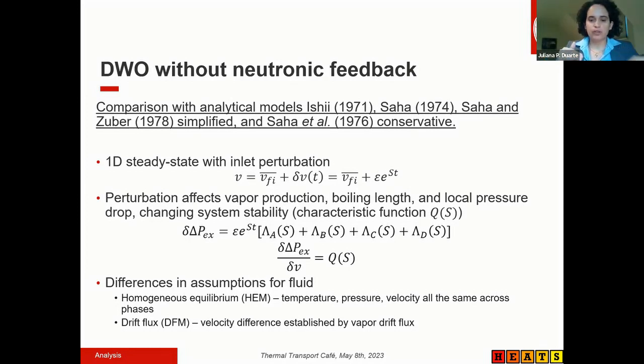When you solve the drift flux model, we can find this characteristic function, which is basically the pressure drop equal to the perturbation that we add, and everything inside of these brackets is the characteristic function. At the moment this characteristic function is negative, that is the definition of the instability.